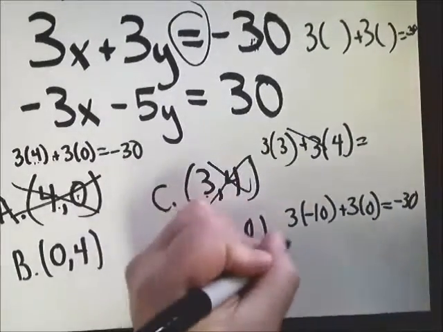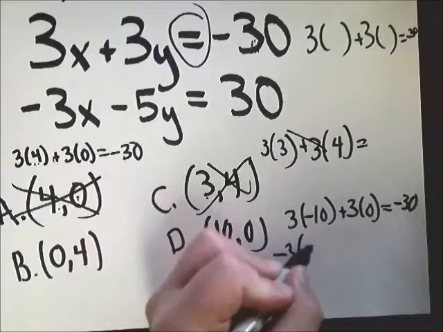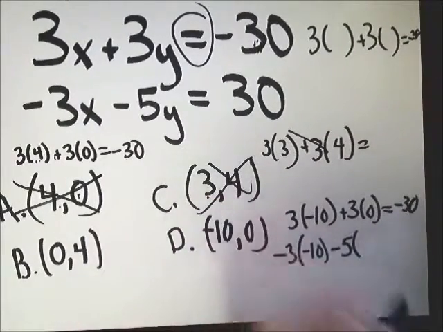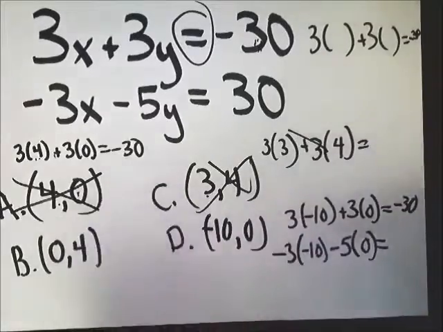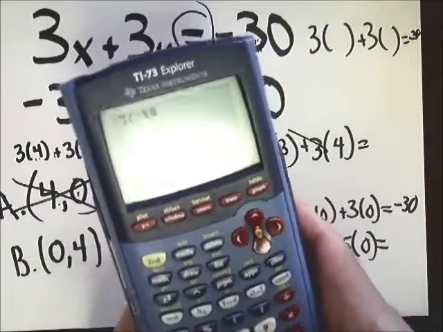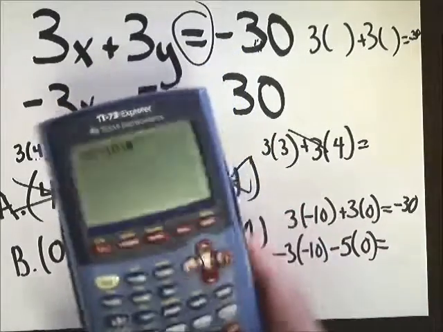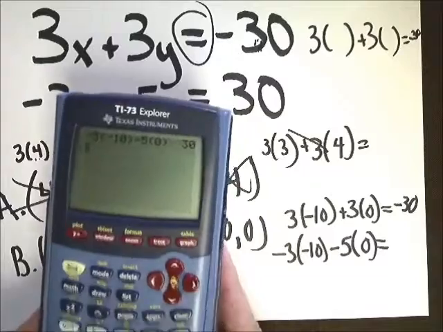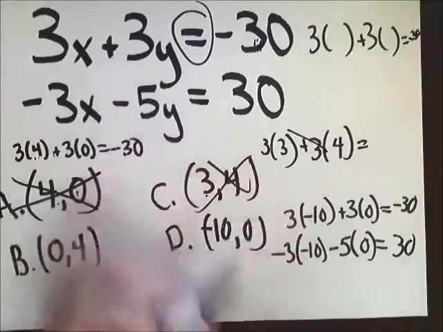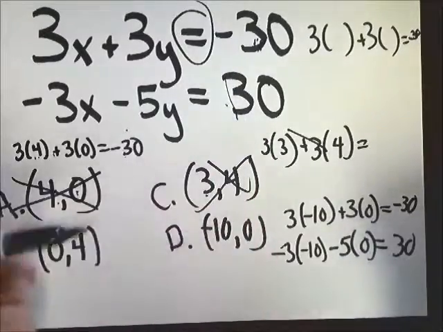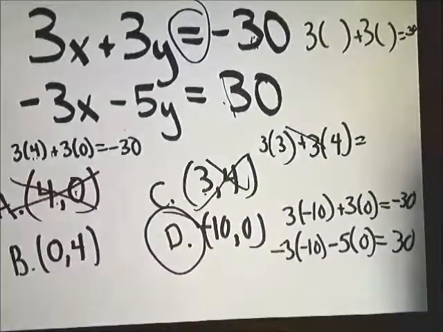So negative 3 parentheses negative 10 minus 5 parentheses 0, and it gives you 30. This looks suspiciously like this, and they have the same numbers as answers. So this is your answer to the question.